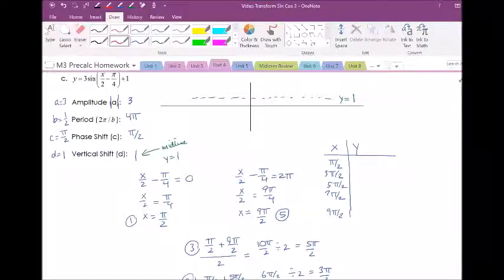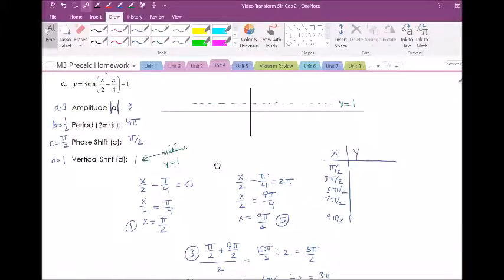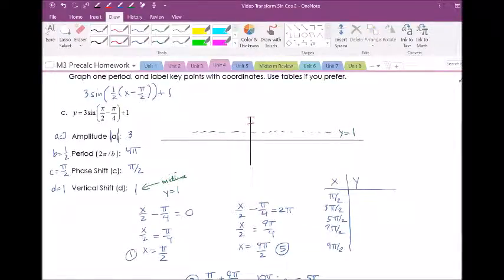My amplitude is going to make the maximum of the graph 3 units higher than y equals 1. So that's going to be at y equals 4. And then my minimum will be 3 units below y equals 1. So that's going to happen at y equals -2. Those are also my maximum and minimum y values.